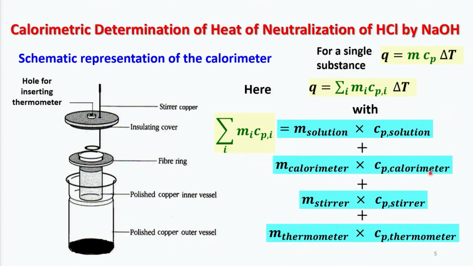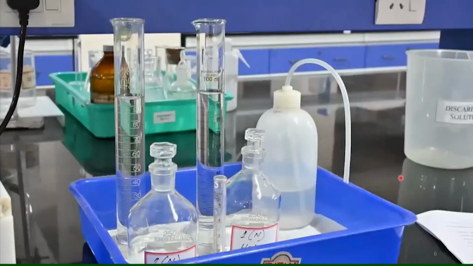Okay. So, as you understand, all these data would be known when you are performing this experiment. So, then the question is, how do I do this experiment? So, let me show you quickly how this experiment is done.